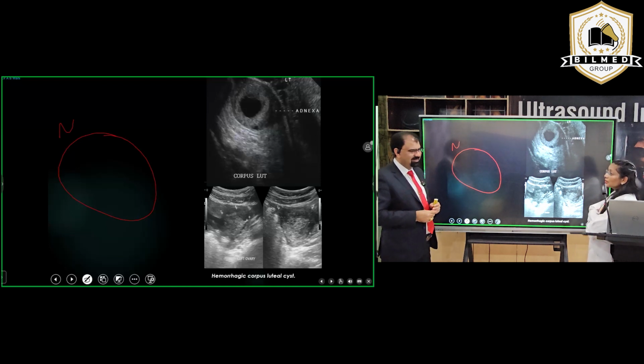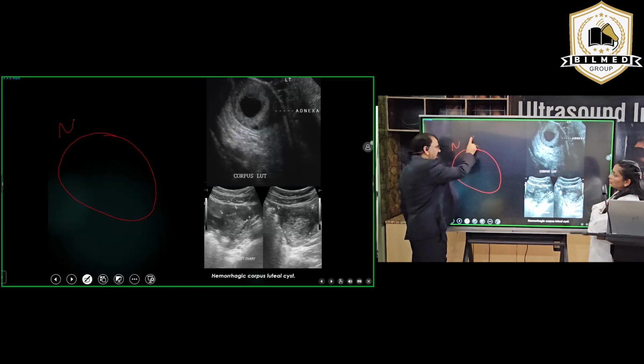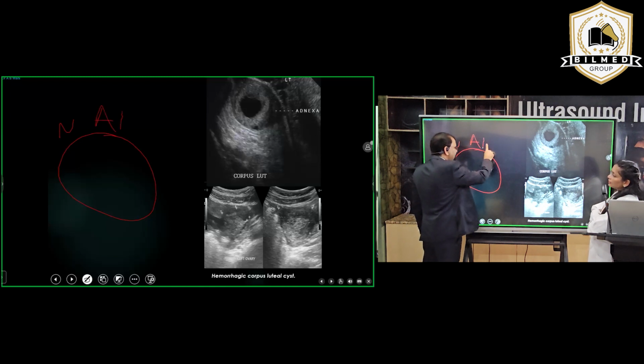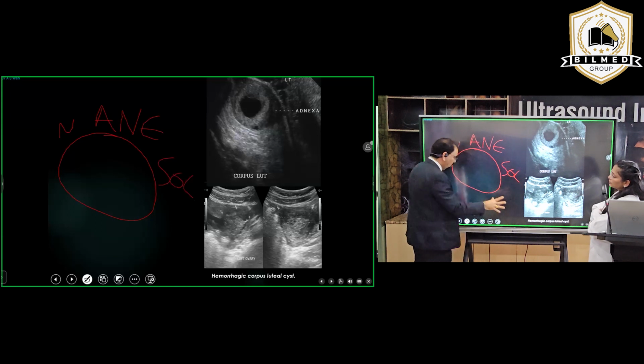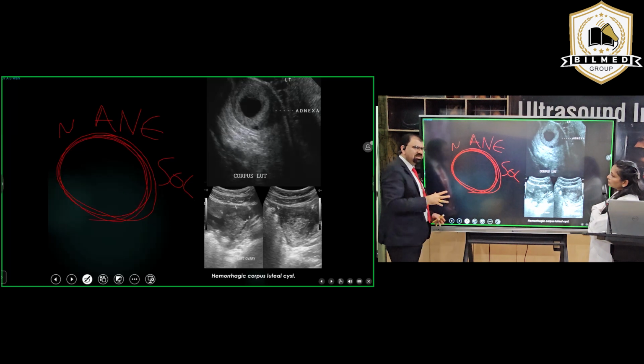Because it contains blood, organized blood clots. Sometimes this can be anechoic as well. So this can be anechoic, or this can be a solid looking thing. So the point here is that the echogenicity of this cyst varies from a simple looking cyst to a dermoid.